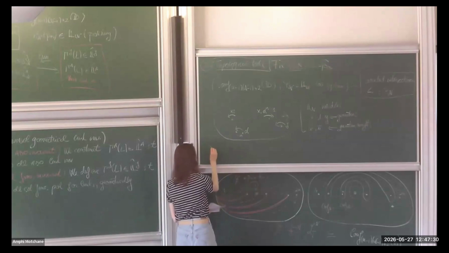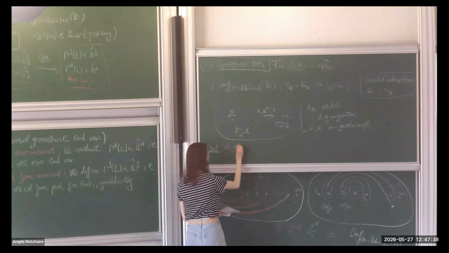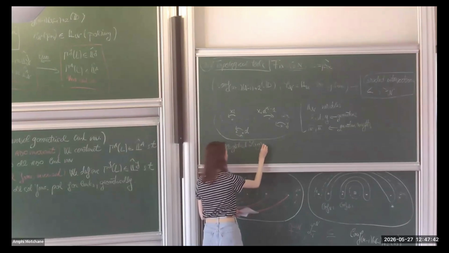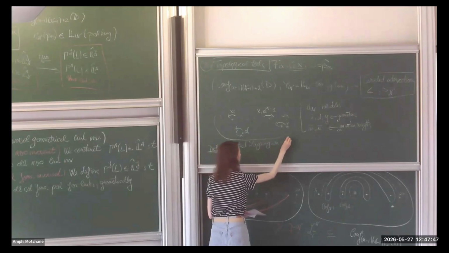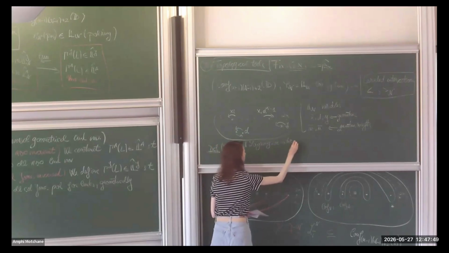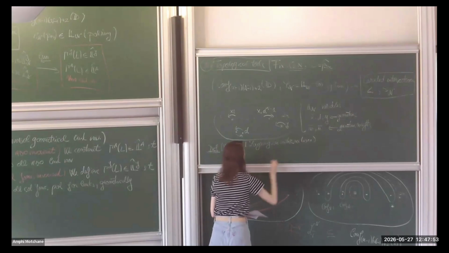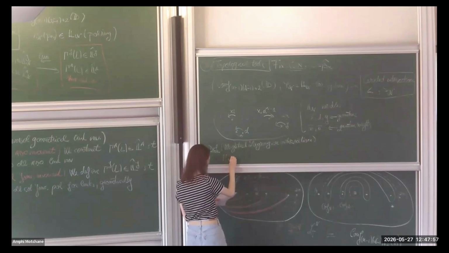So the definition is: I consider my gamma n of beta.